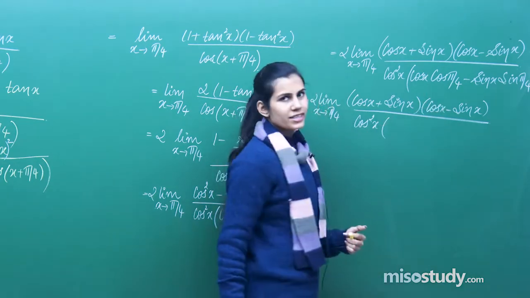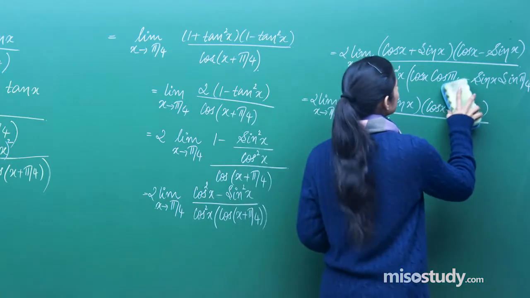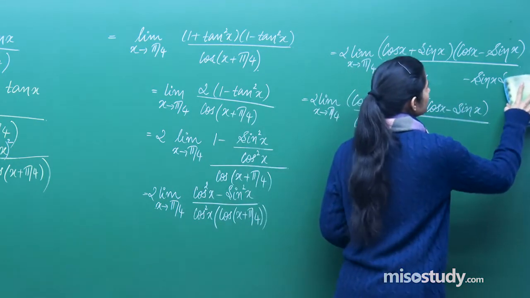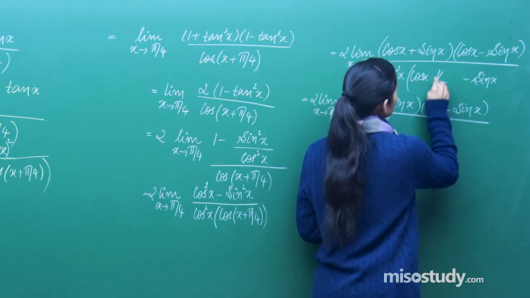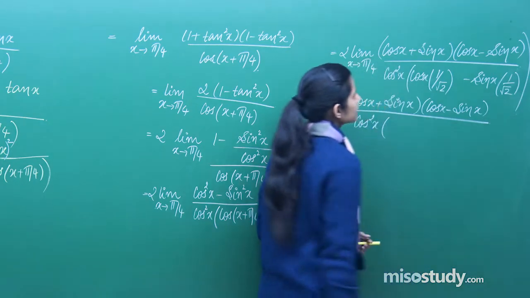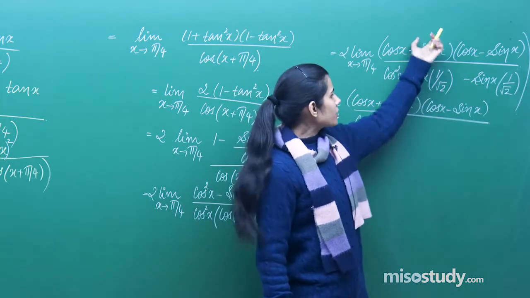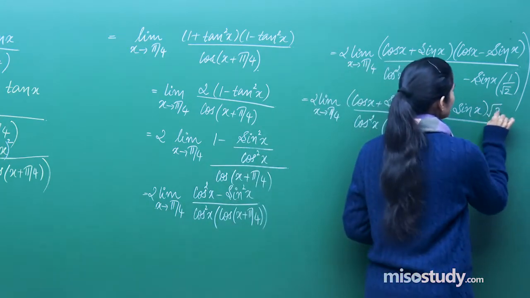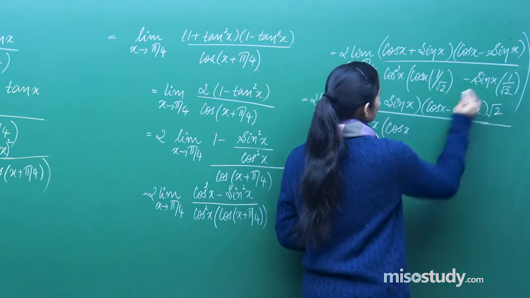And now look over here, what is cos pi by 4? 1 by root 2. So instead of this I can write 1 by root 2, and instead of this also 1 by root 2. So you will have 1 by root 2 in the product, which completely can come out, and that root 2 can go above, so I will have root 2 over here, and here I am only going to be left with cos x minus sin x.